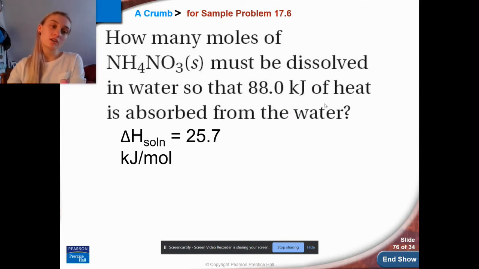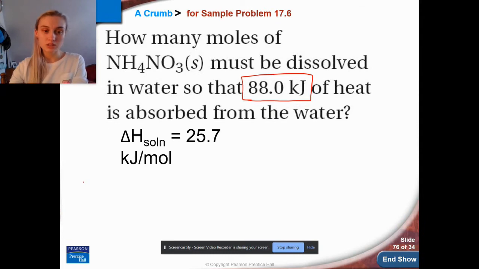In the past problems we started with the grams of stuff or the moles of stuff and were looking for heat and energy, but this is one where we're starting from the amount of heat energy and going to moles. So it's a little flippy. We're going to start out by looking at what's given, and this 88.0 kilojoules of heat absorbed is given. So we know this NH4NO3 absorbed 88.0 kilojoules, and we can use that to find how many moles of the stuff there were.